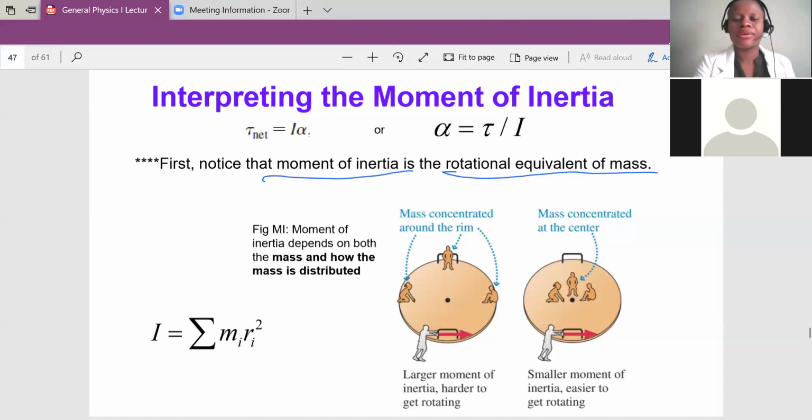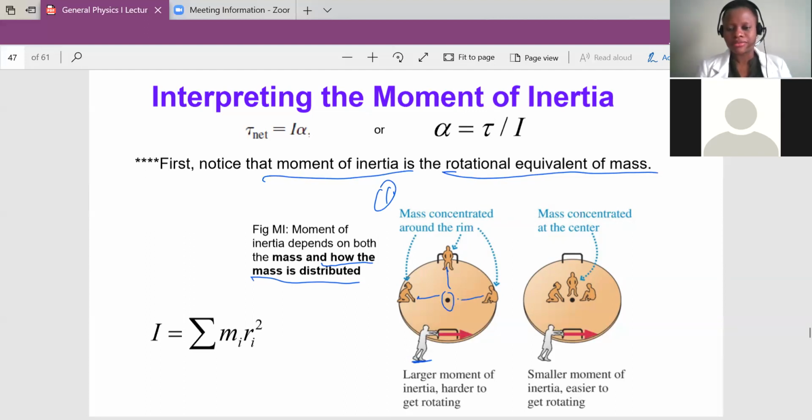It also depends on how the mass is distributed on the rigid body. In this case, we want to look at the rim here. We have three persons standing at a distance from the pivot, at the end, and this man has to initiate the tangential force.